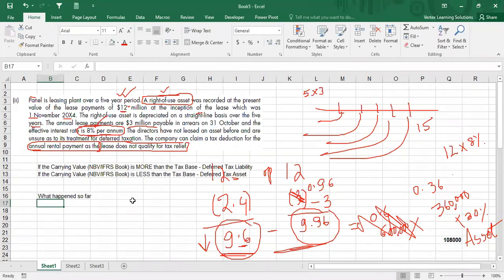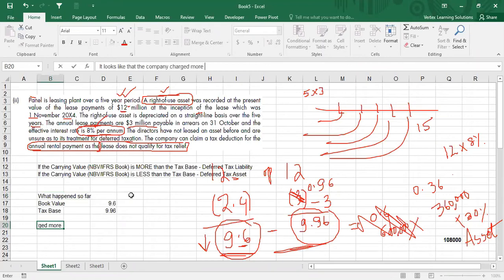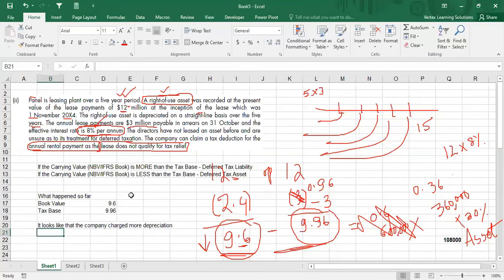When you have this situation that your book value and your tax base are not equal, your book value is 9.6 and your tax base is 9.96. So it looks like the company charged more depreciation, right? That's why the book value is less.